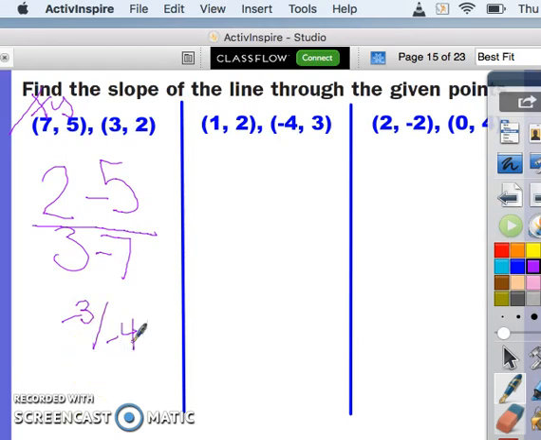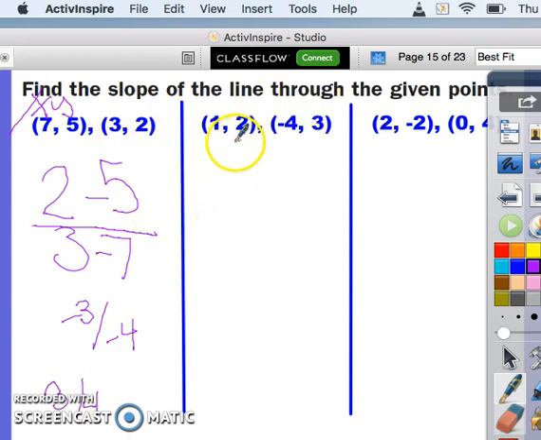This is not simplified down. If I have two negatives, one on top and bottom, that reduces down to a positive number. So again, negative 3 over negative 4 reduces down to 3/4, which was the exact number we got before.